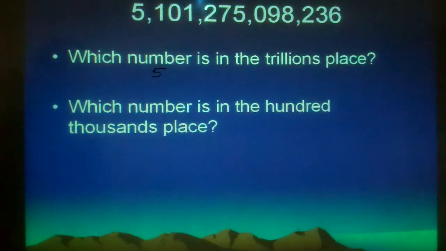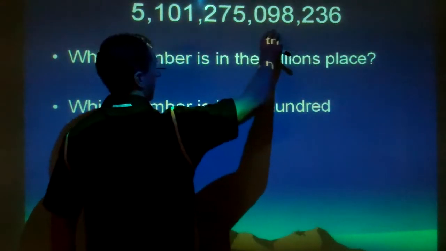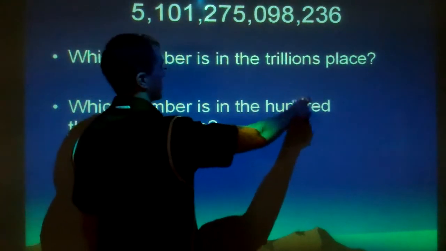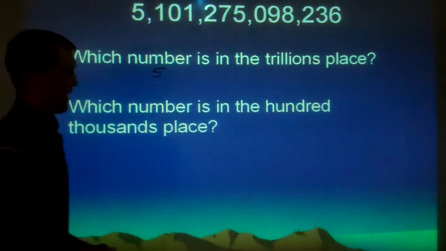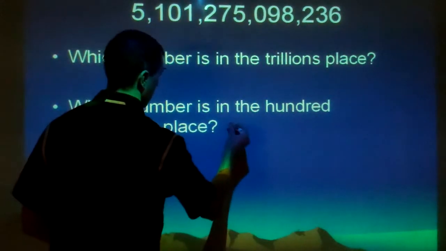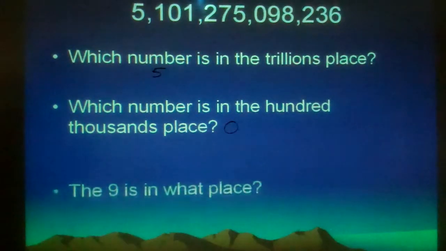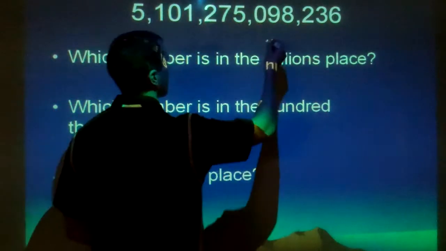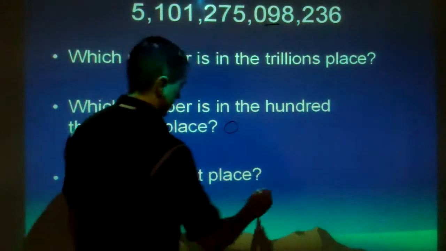And which number is in the 100,000s place? Well, hundreds, and then we've got thousands, and we are talking 100,000s, so that would be thousands, 10,000s, 100,000s. That would be our 0. The 9 is in what place? That would be our 10,000s.